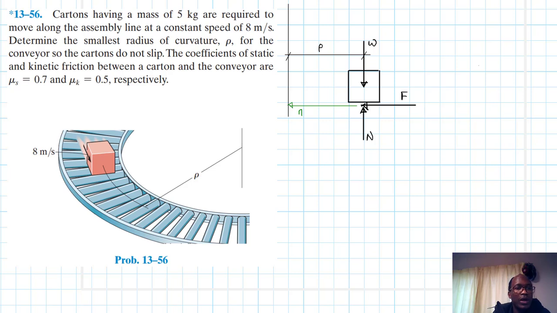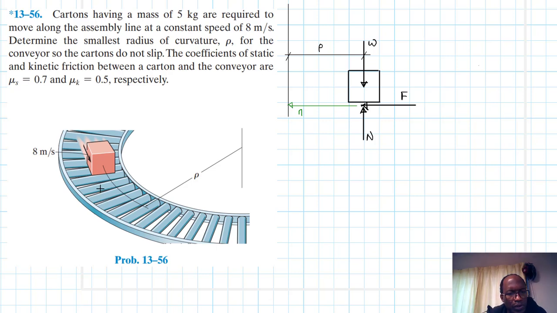Now the question here is, what friction are we talking about here? Are we talking about kinetic or static? Let's look at this particular problem. This box is being moved as the rollers go round. We are told cartons are required to move along the assembly line at a constant speed of 8 meters per second.